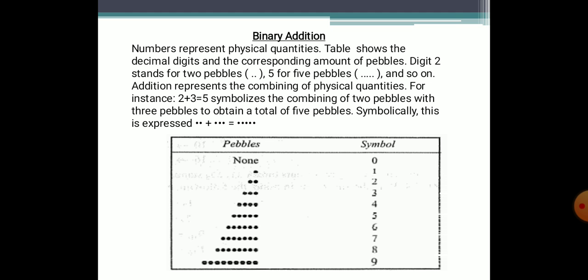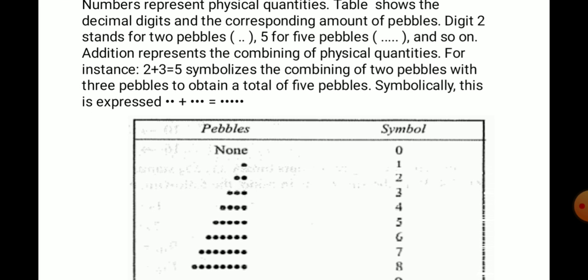Okay, about the basis of binary addition. Numbers always represent physical quantities. The table here shows the decimal digits and the corresponding amount of pebbles, given as dots.